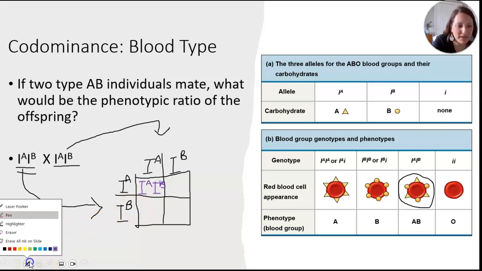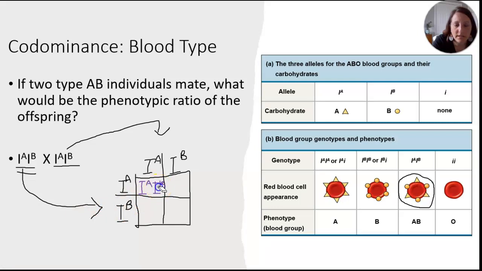Let me grab my eraser. Jumping to the next box too quickly. Okay. So this will be IA IA. Caught my mistake there. Okay, now over to this box. This is going to be IA IB.